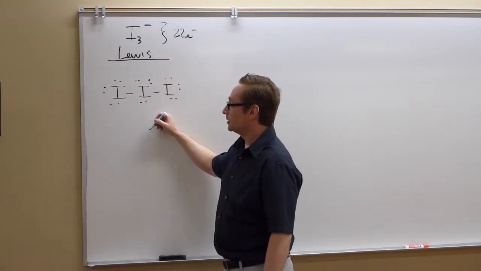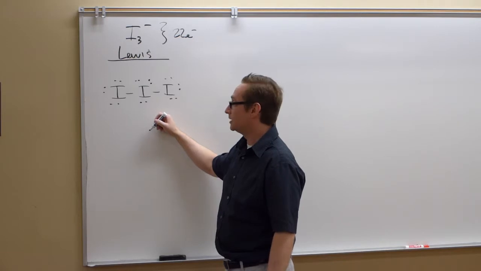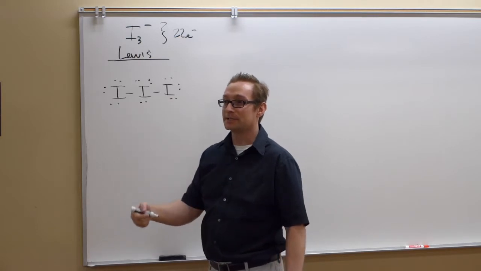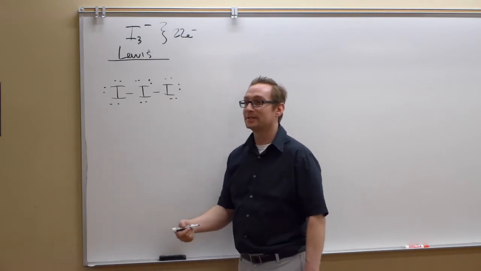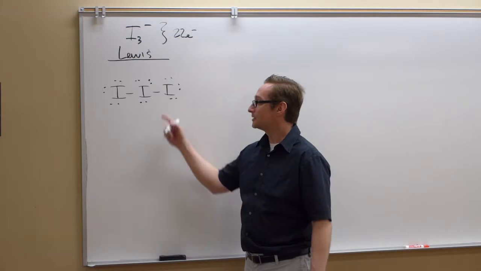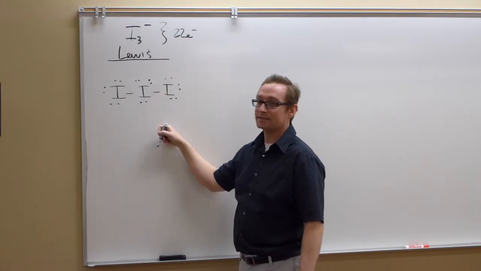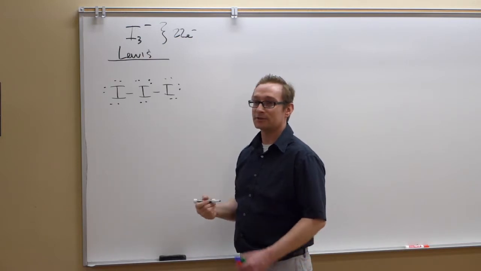Now you're going to want to go back to your Chem 107 and say, hey, wait a minute, Mr. Fernandez, doesn't everything get an octet? But remember, there's only 4 atoms that really need an octet. What are those 4? CNOF, right? CNOF isn't in here. So this central iodine atom will get an extra pair of electrons.